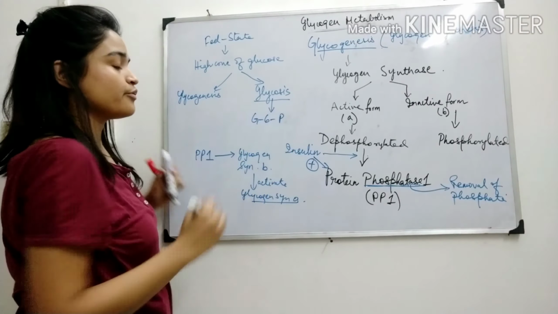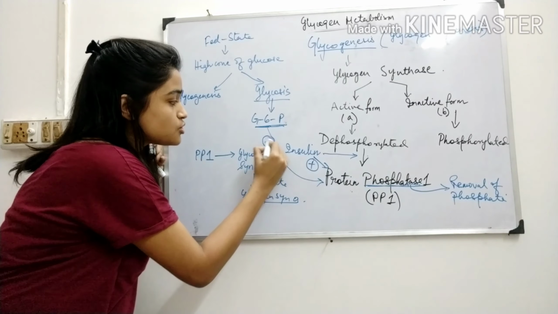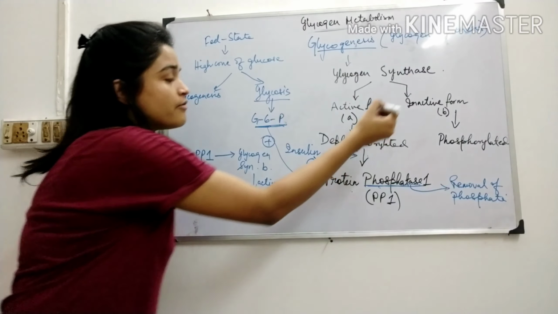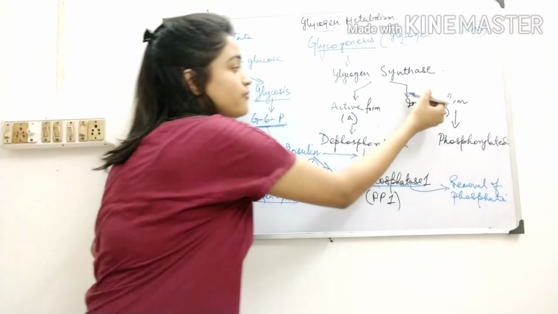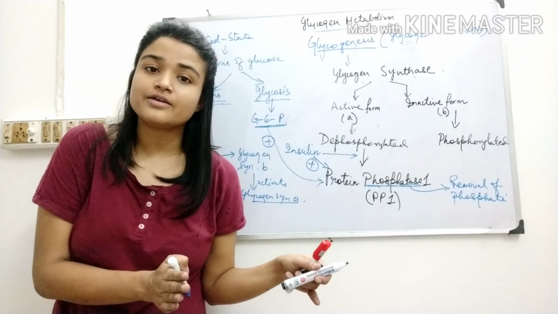When glucose is acted on by the enzyme hexokinase, glucose 6-phosphate is formed, and this glucose 6-phosphate also activates this protein PP1, so that it can act on this inactive form of glycogen synthase and activate it so that glycogenesis takes place, because a high level of glucose is there in the blood now.